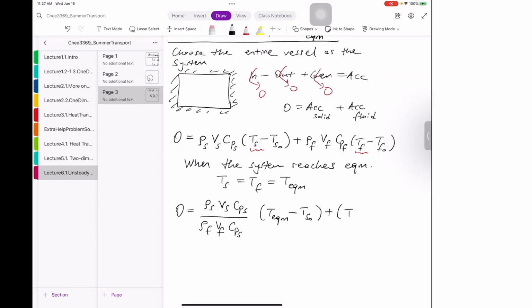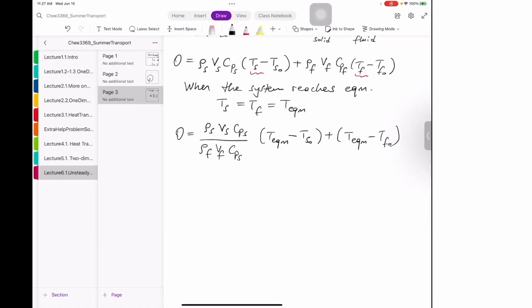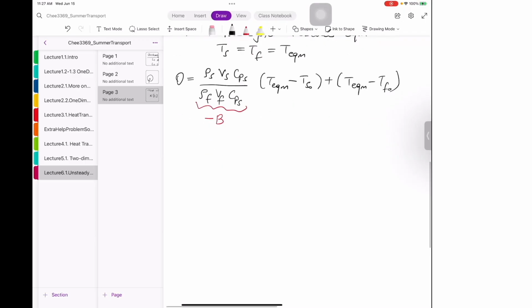Then the second term is going to be T equilibrium minus Tf0. Okay. And as you can see, the ratio is B, so that's minus B.